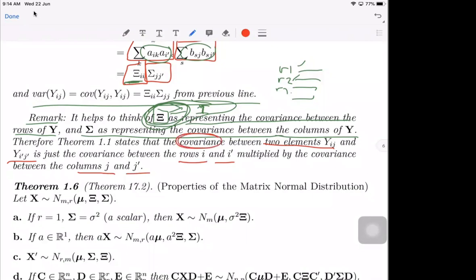So that is what is meant by covariance. Okay. So this is actually also similar to chapter 3 result in the univariate case.